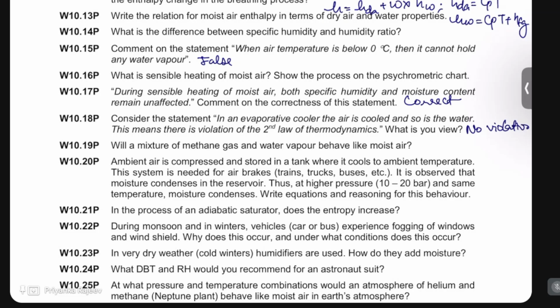So the equation is PV equal to 5 times P saturation at the given temperature. So after compression, PV is going to be greater than P saturation at the given temperature, so condensation will occur.